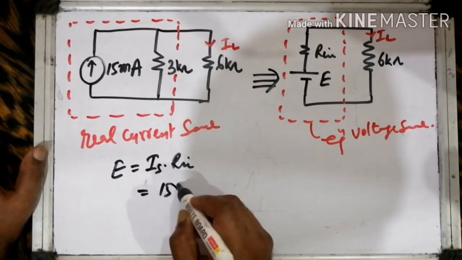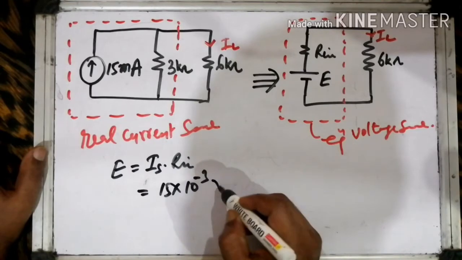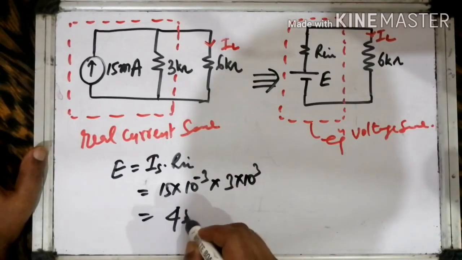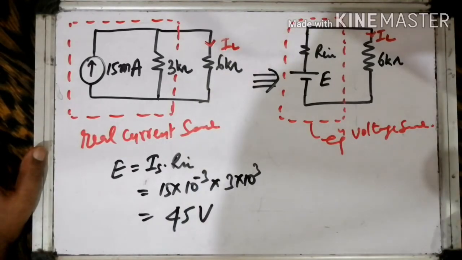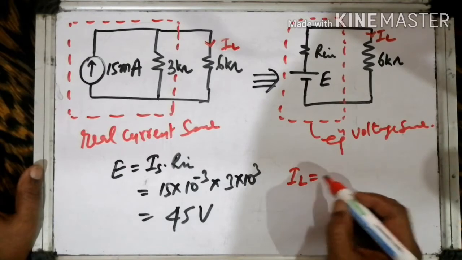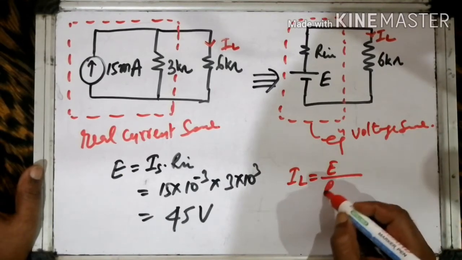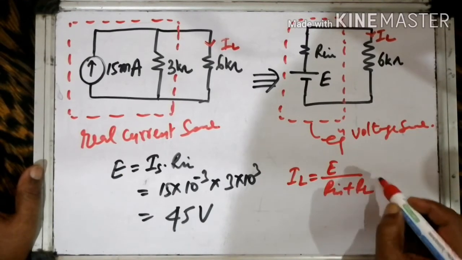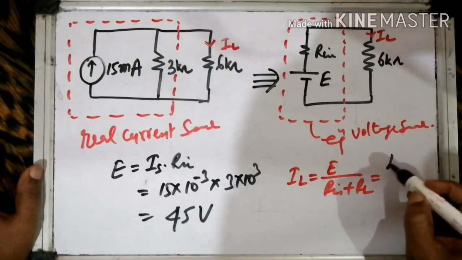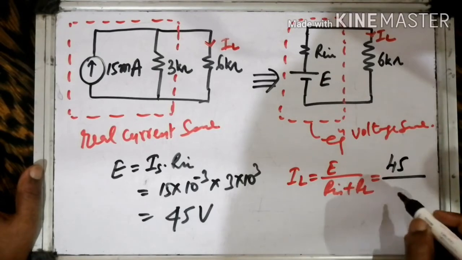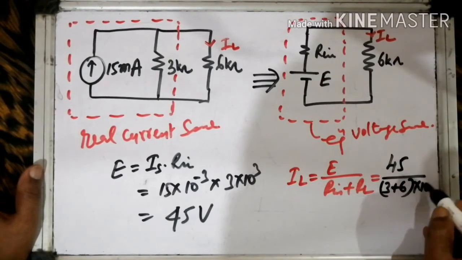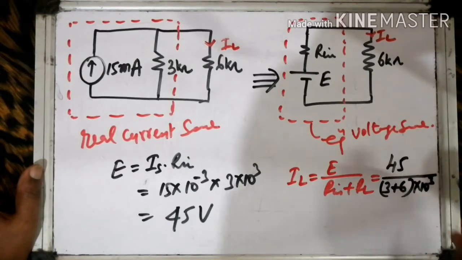So it is 15 into 10 to the power minus 3 into 3 into 10 to the power 3. It becomes 45 volt. Now the value of load current IL is equal to E divided by Rin plus RL. That is 45 divided by 3 plus 6 into 10 to the power 3.